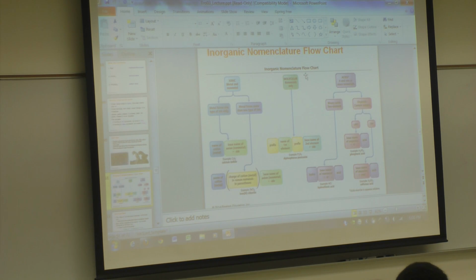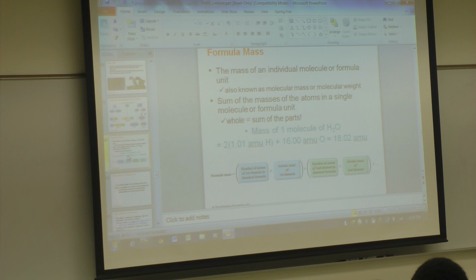And here's a nice nomenclature flow chart as a summary of how we go about naming ionic and covalent compounds. Another important key concept is formula mass, which is the mass of an individual molecule or formula unit.